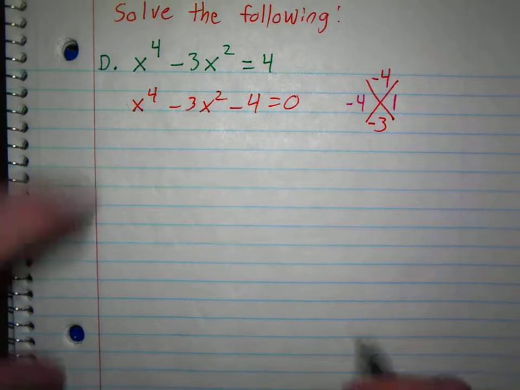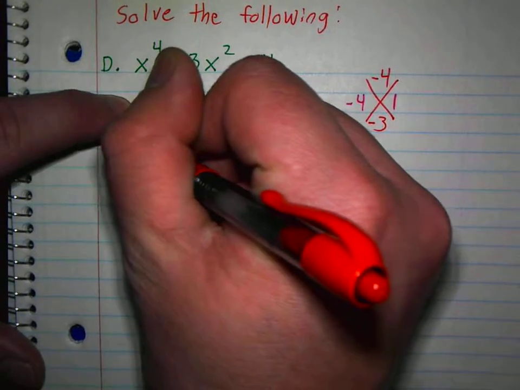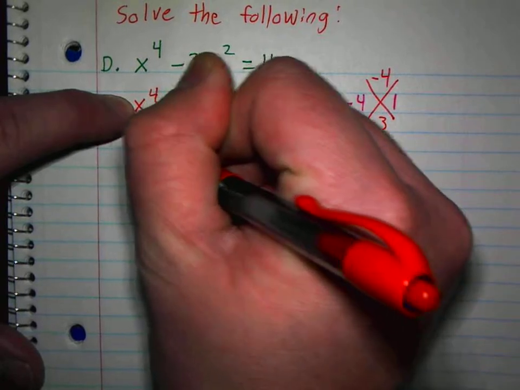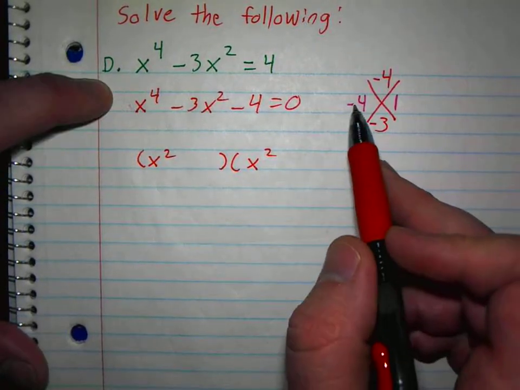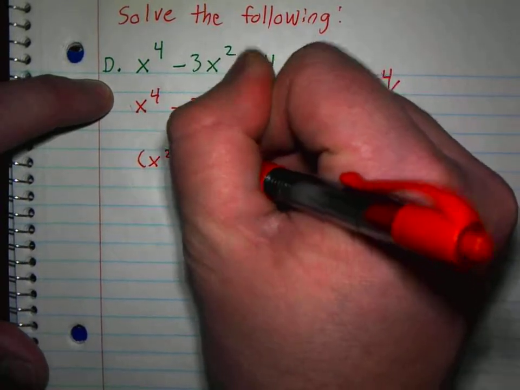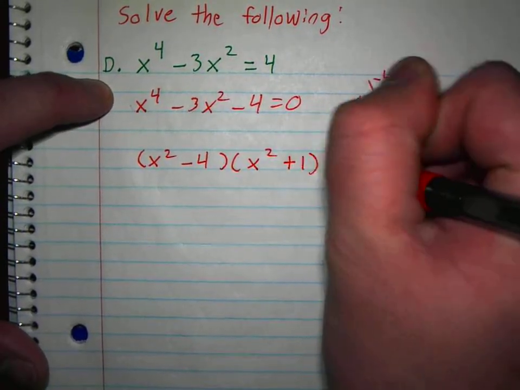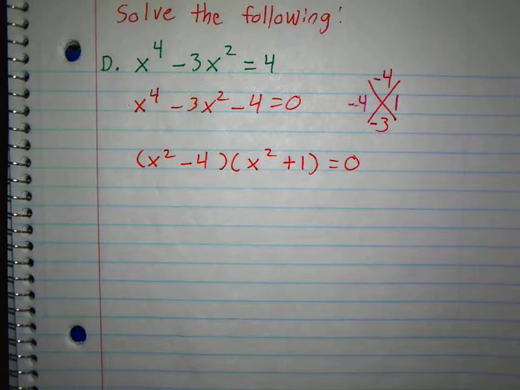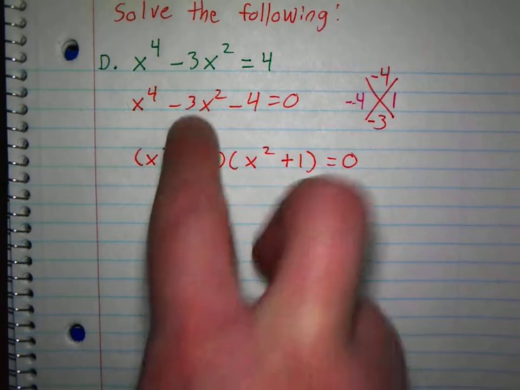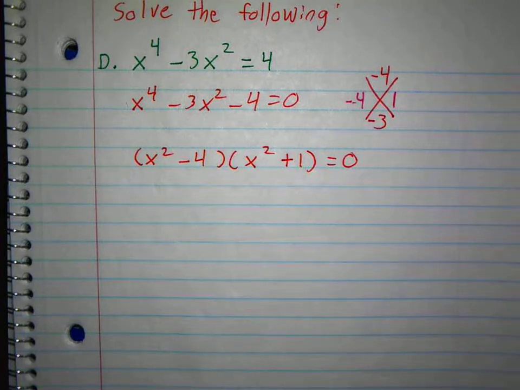But, so I break x to the 4th into x squared and x squared, and then I copy down my minus 4 and my plus 1. Well, if you distribute, you're going to get this back. So you could do that, yeah.